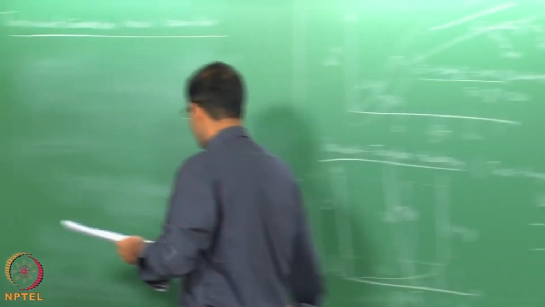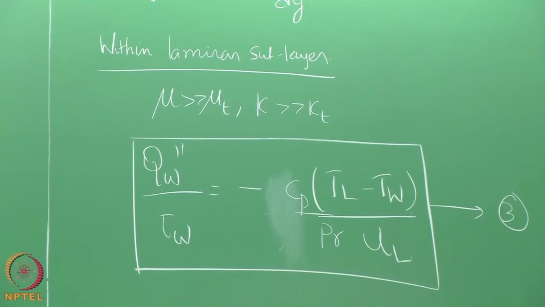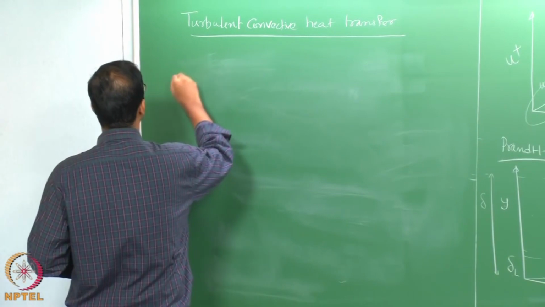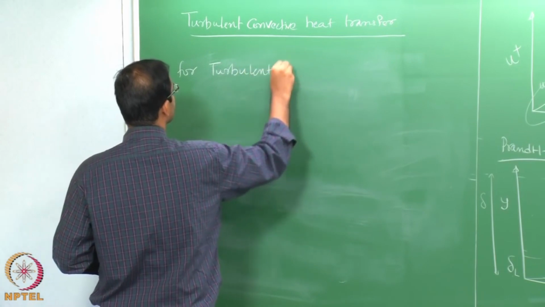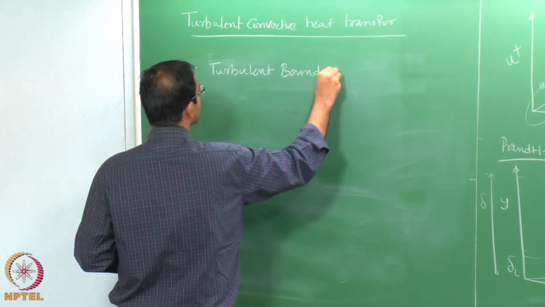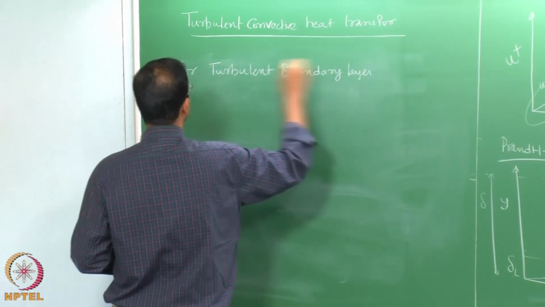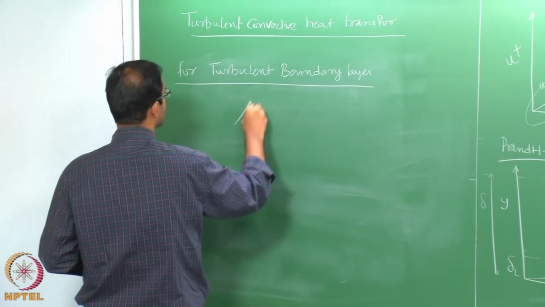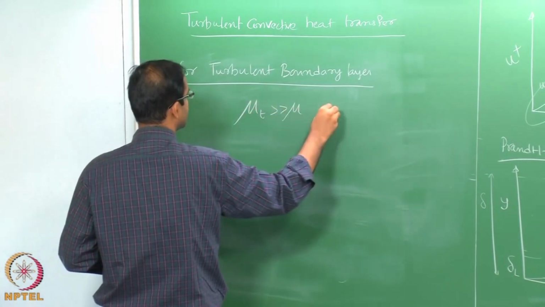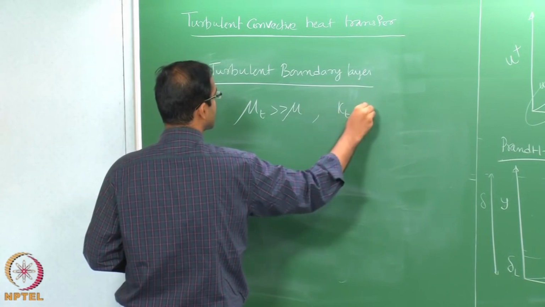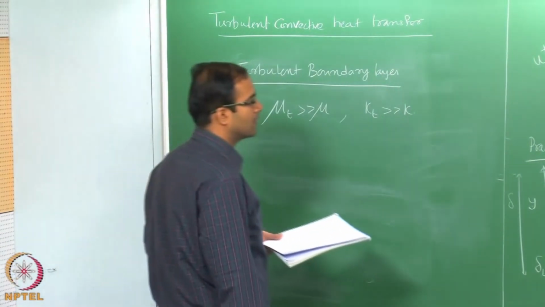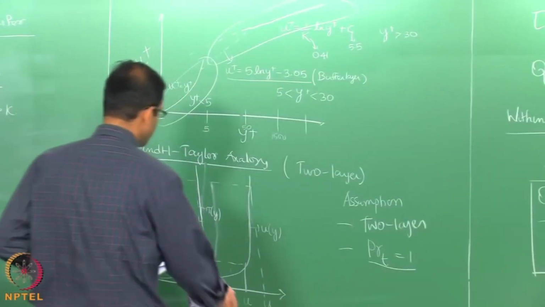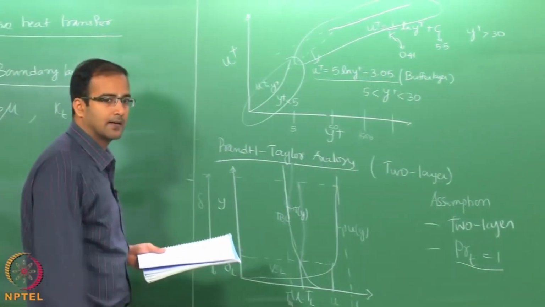Now next we will apply equations 1 and 2 in the turbulent boundary layer. For the turbulent boundary layer, we can of course do the other approximation, where the turbulent diffusivities are much larger than the molecular diffusivities, and therefore we can integrate from delta L all the way till delta.